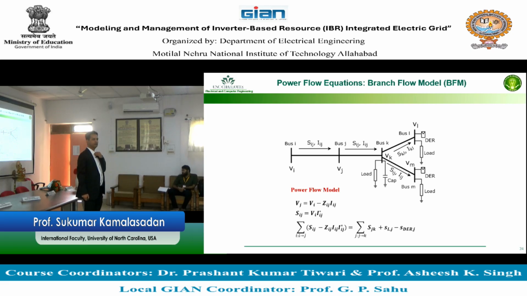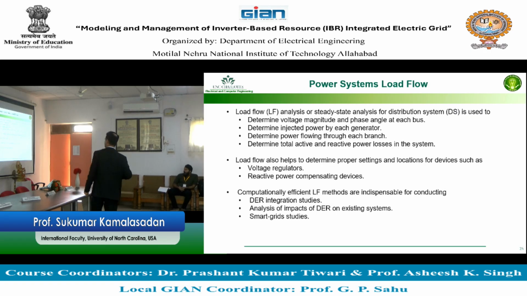Are you following? Three equations, or either 2 equations and 1 derivative, which is the apparent power equation. Good? So that's how the load flow is run for a distribution system.